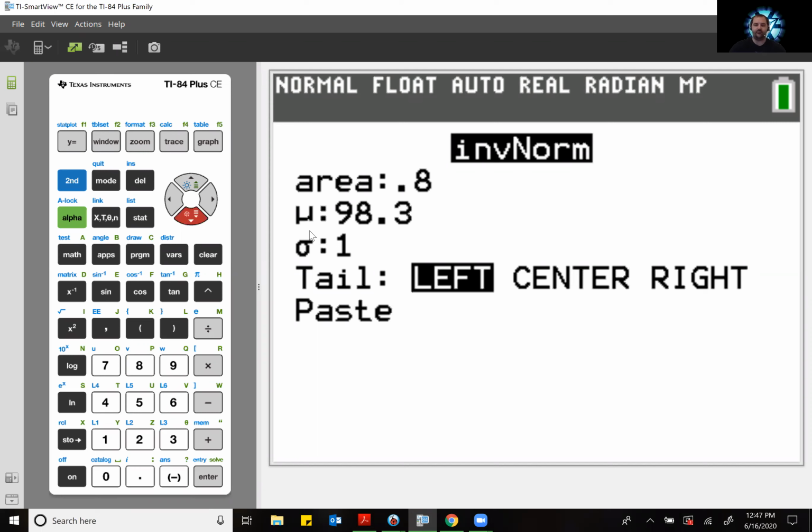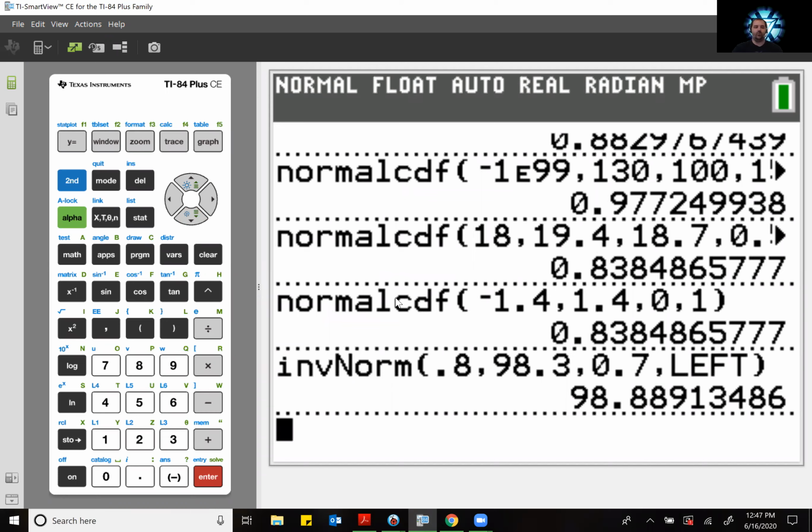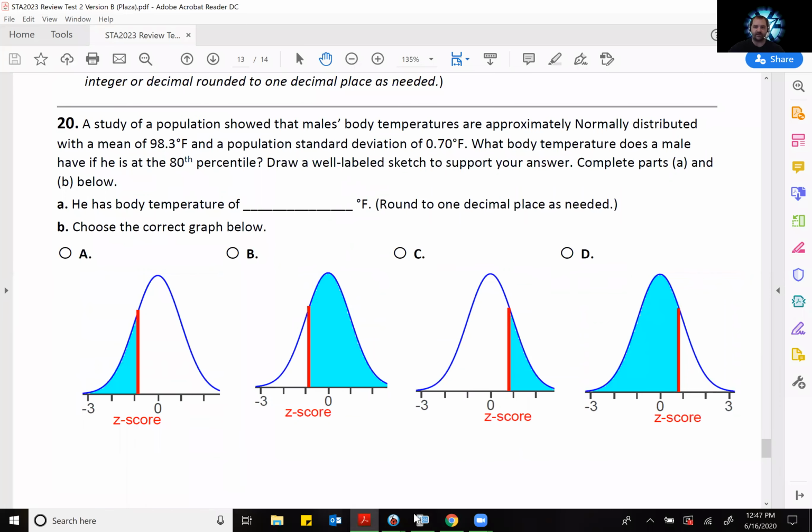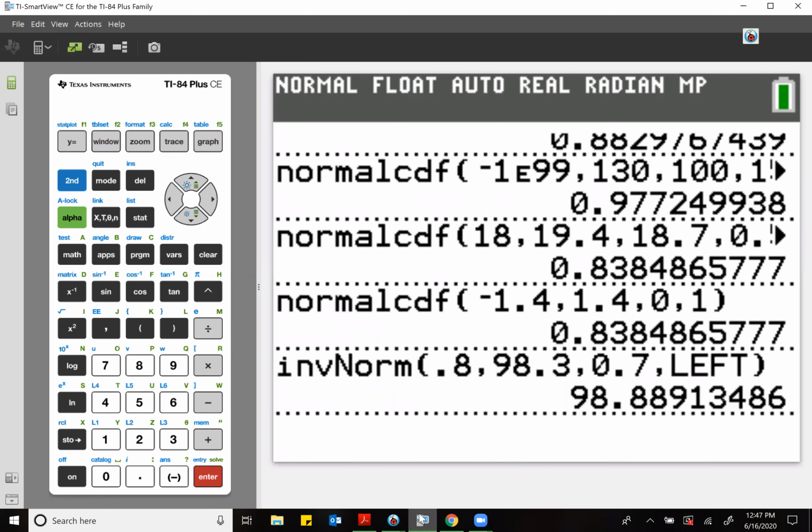Put in your standard deviation of 0.7. Keep it left and say paste. And what is the temperature? And let's make sure that we round correctly. It says round to 1 decimal place. 98.9. Perfect. And that's how you reverse it on the calculator.